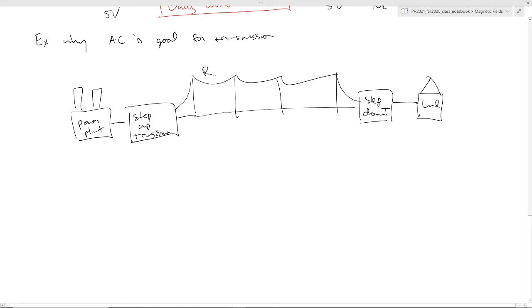So you know that the line has some resistance. If you want some amount of power to go to your load, generally the power is the current times the voltage. Well, if you step up the voltage, the current has to go down.